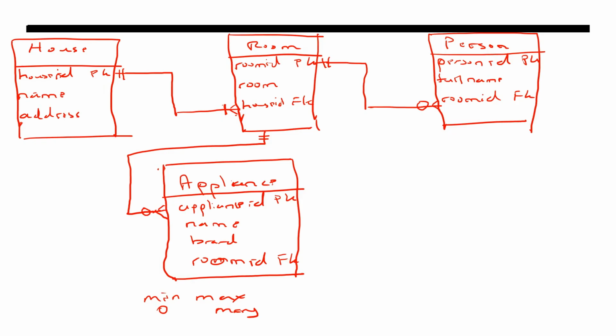Now let's take a look at the relationship between the warranty card and the appliance. Under the warranty card entity, you will have the warranty card ID. There will obviously be the appliance ID.